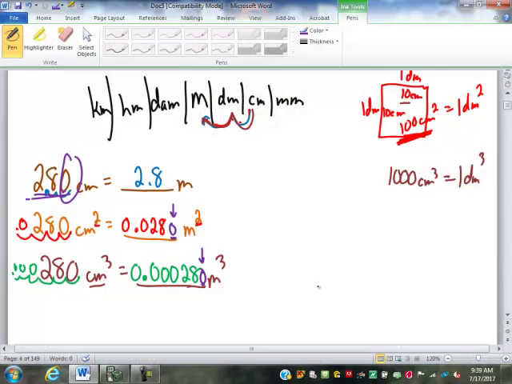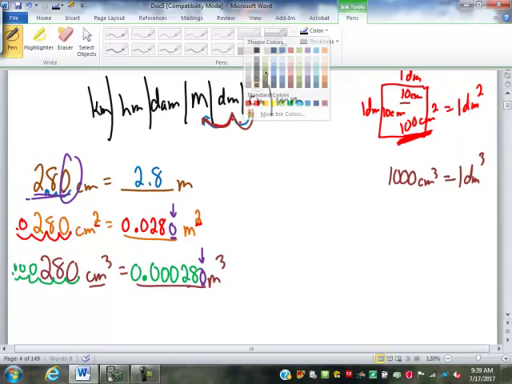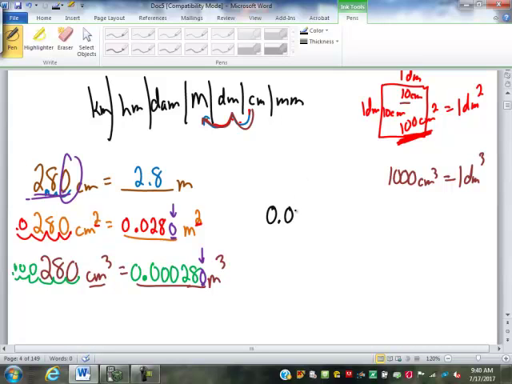So let's have you guys do some examples here, see what you guys can do with the area and volume. So let's take 0.037 centimeters squared converted into millimeters squared.